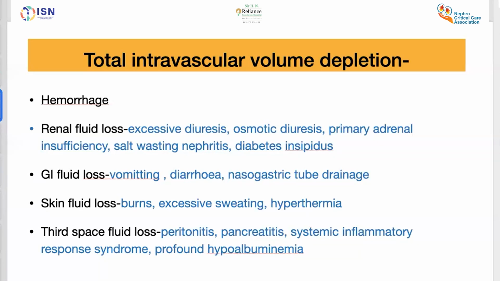There may be GI fluid loss, like vomiting, diarrhea, or nasogastric tube drainage. Skin fluid loss involves burns, excessive sweating, or hyperthermia. Third space fluid loss occurs in peritonitis, pancreatitis, systemic inflammatory response syndrome, and profound hypoalbuminemia.